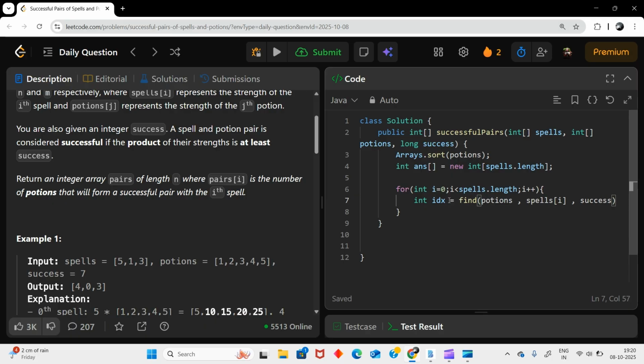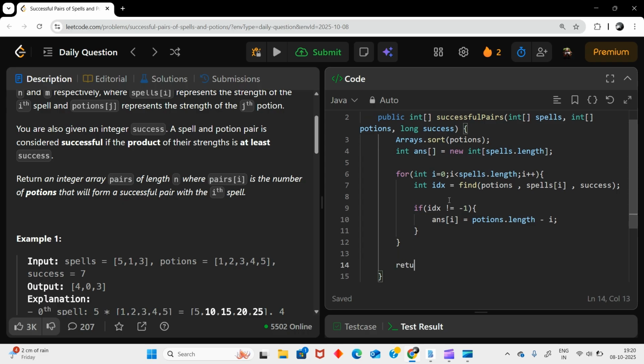So for each spell it will give us one index. If my index is not equal to -1, then my answer of i will be portions.length minus i. And at the end we will return our answer.